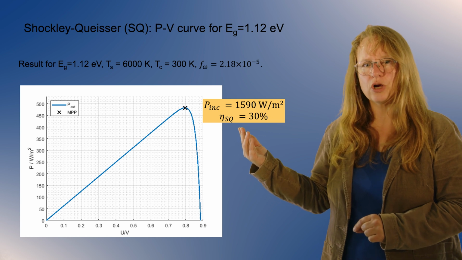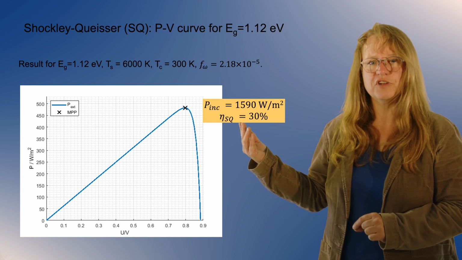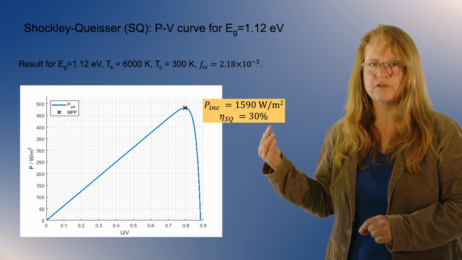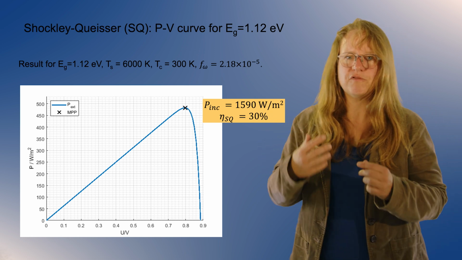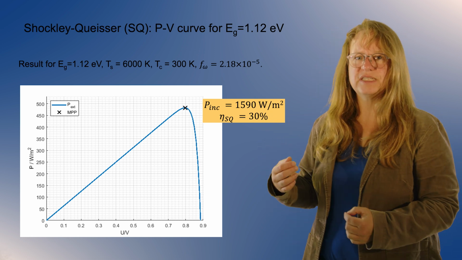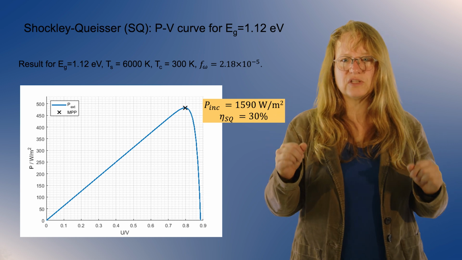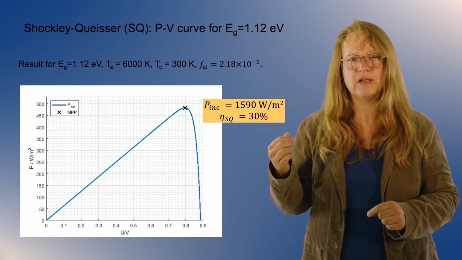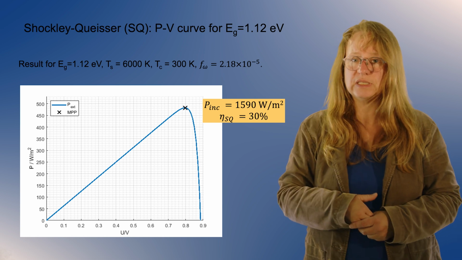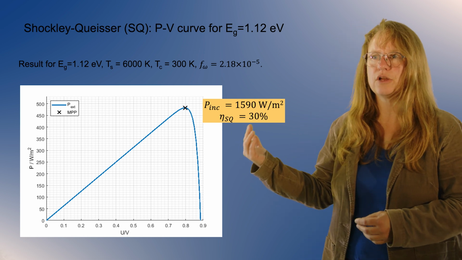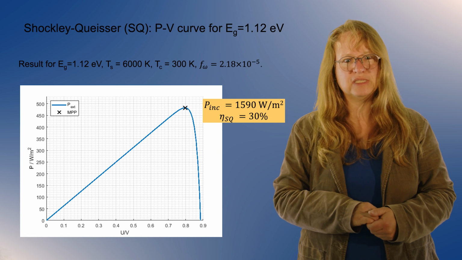And the Shockley-Queisser efficiency is 30% for this scenario. So therefore, Shockley and Queisser obtain that only considering this thermodynamic consideration and a band gap of 1.12, which corresponds to silicon approximately, we get 30% efficiency.